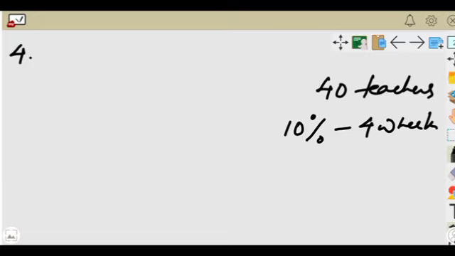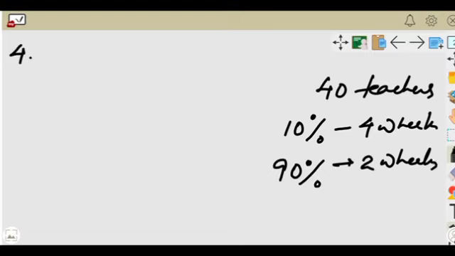Okay, let me repeat. We have 40 students, sorry, we have 40 teachers, and out of these 40 teachers, 10% only have four-wheelers. Remaining means 90%. Out of 100, 10% has four-wheelers, and the remaining 90% has these two-wheelers.